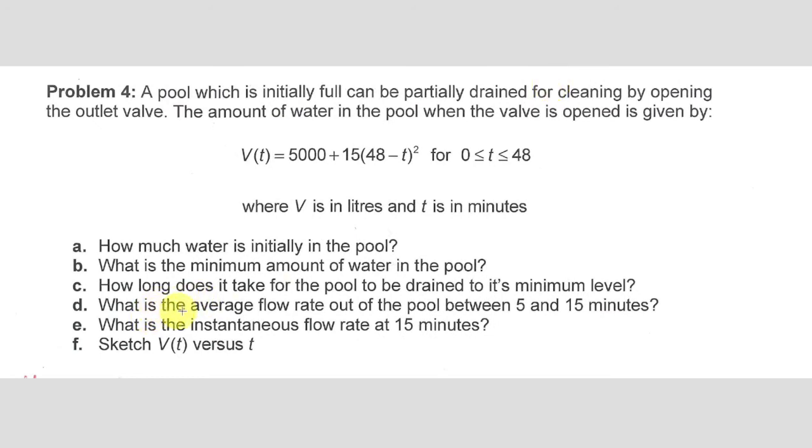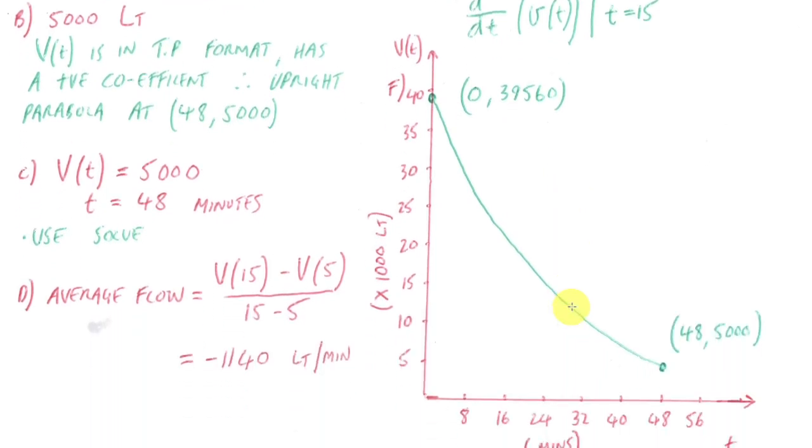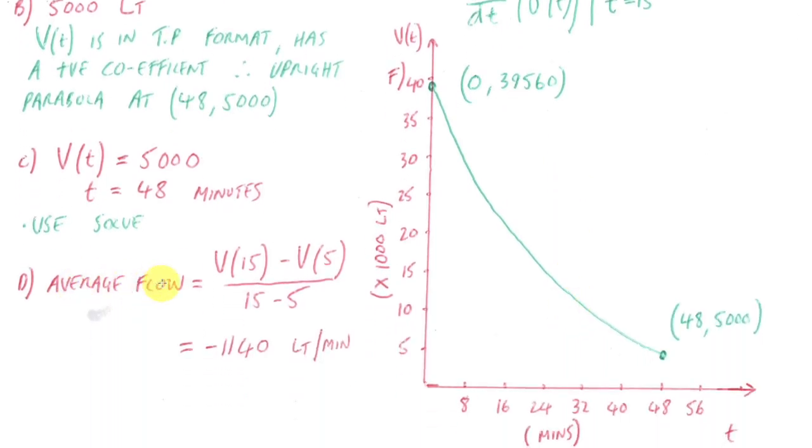Part D. What is the average flow rate out of the pool between 5 and 15 minutes? So here we're not talking about instantaneous rate of change, we're talking about the average rate between t equaling 5 and t equaling 15. So average flow is going to be V of 15 minus V of 5 over 15 take away 5.